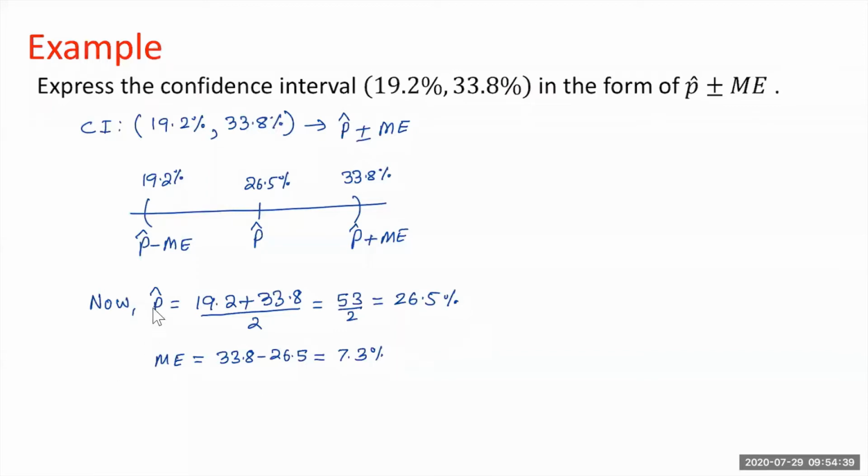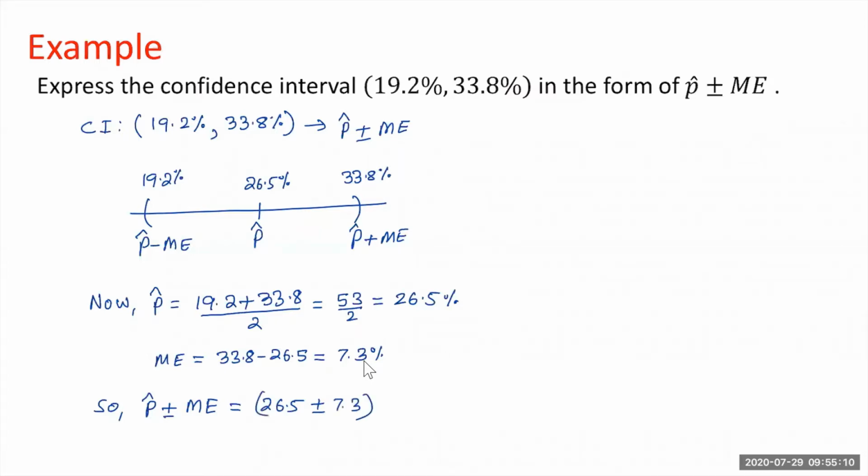So once we have p hat and margin of error, now let's write the interval in this form. Our interval was p hat plus or minus the margin of error. We have to write that. This is what we want: p hat plus or minus margin of error. So p hat is 26.5, plus or minus the margin of error, 7.3.